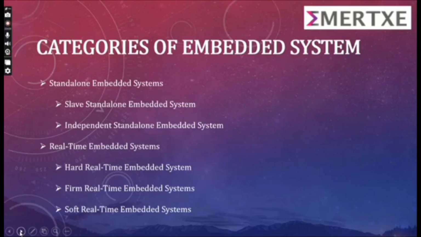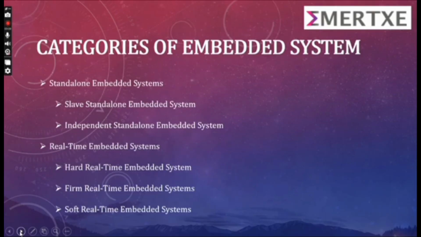Slave standalone embedded systems are those which blindly follow the instructions given by the user, for example, a semi-automatic washing machine. And independent standalone embedded systems are those which can take decisions on their own without human interference. Examples are self-driving cars like Tesla.